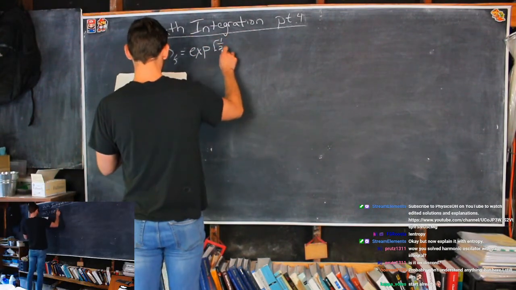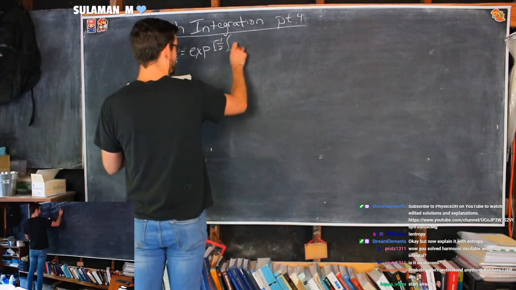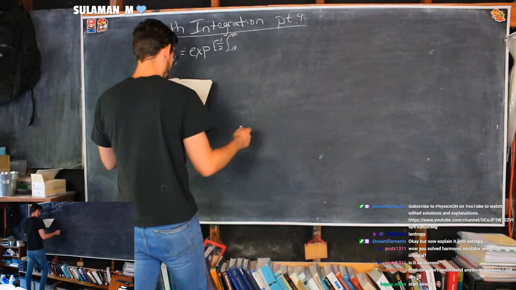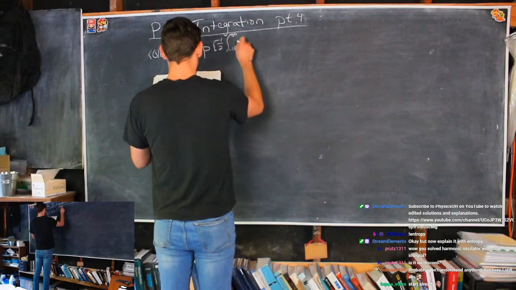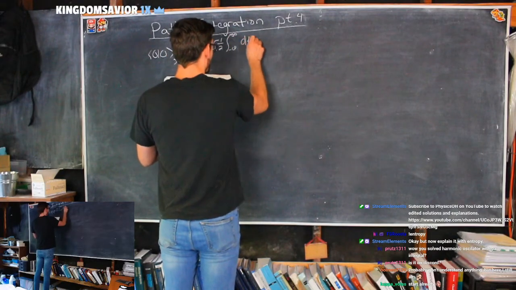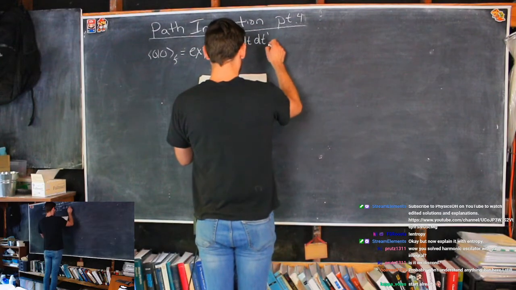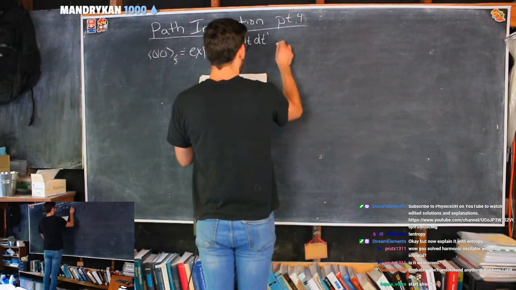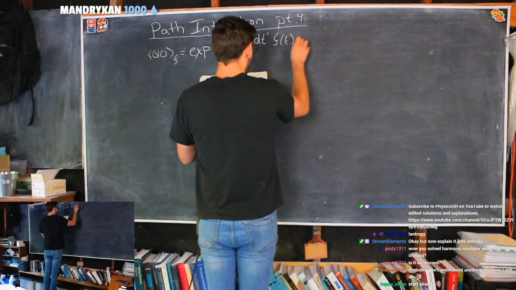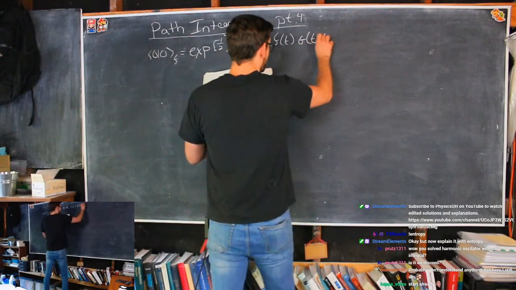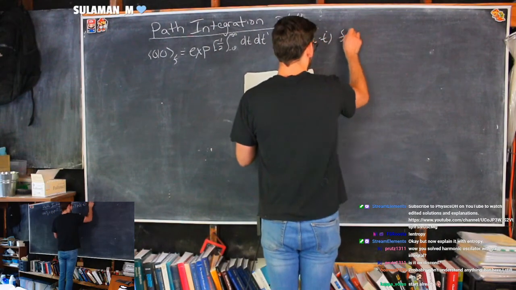Whether it be interaction or potential or whatever, it didn't matter. It was causing some sort of change. So we got to this integral right here with dt prime, f of t, g of t minus t prime, and f of t prime.